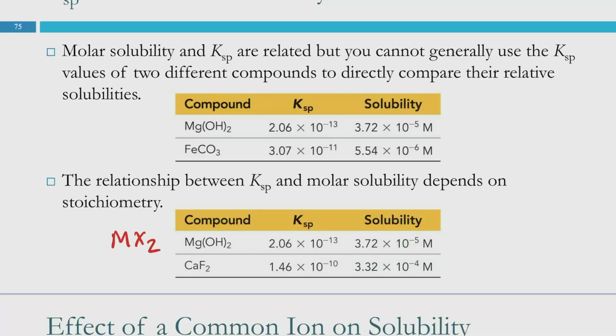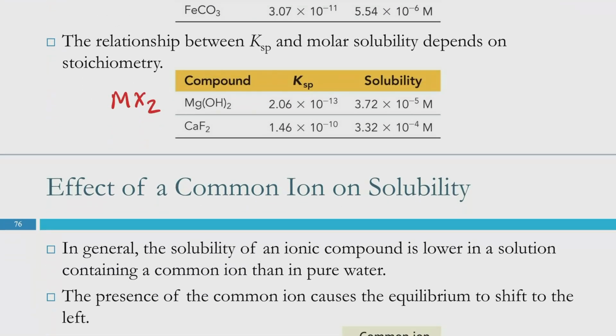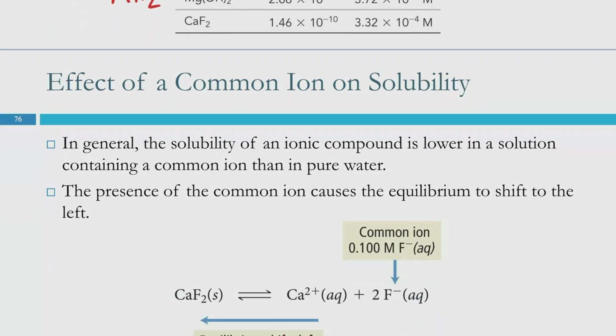The solubility is also in that same vein. So larger Ksp for calcium fluoride, larger solubility; smaller Ksp for magnesium hydroxide, smaller solubility. So if they're the same type of thing, if you can break them down this way to be the same thing, then we can make predictions. Otherwise, we'd have to do some math.